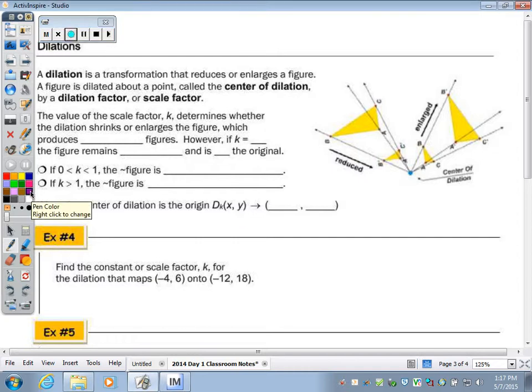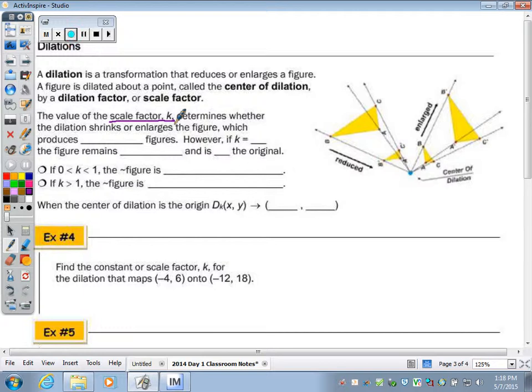All right, so at the top of the page, it starts to describe a dilation. A dilation is a transformation that reduces or enlarges a figure, and it's dilated about a point called the center of dilation. Okay. The value of the scale factor, so we've already talked about scale factors with similar polygons. Every figure that's dilated is similar to the original.